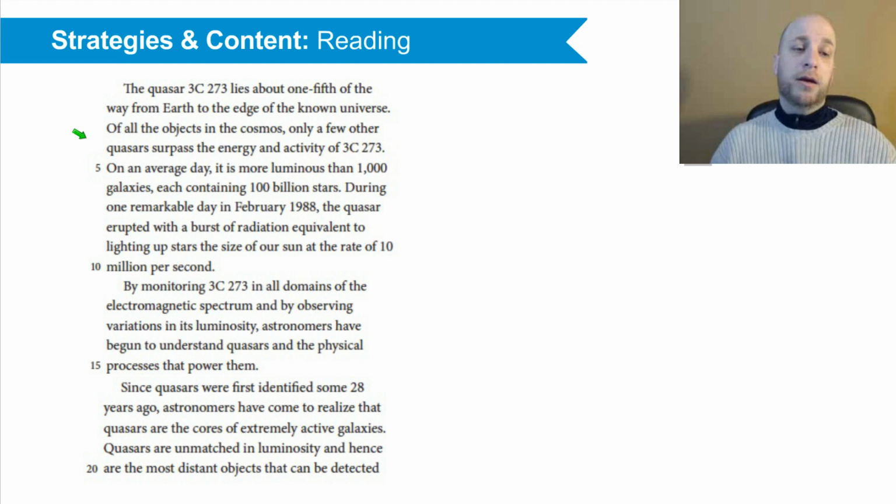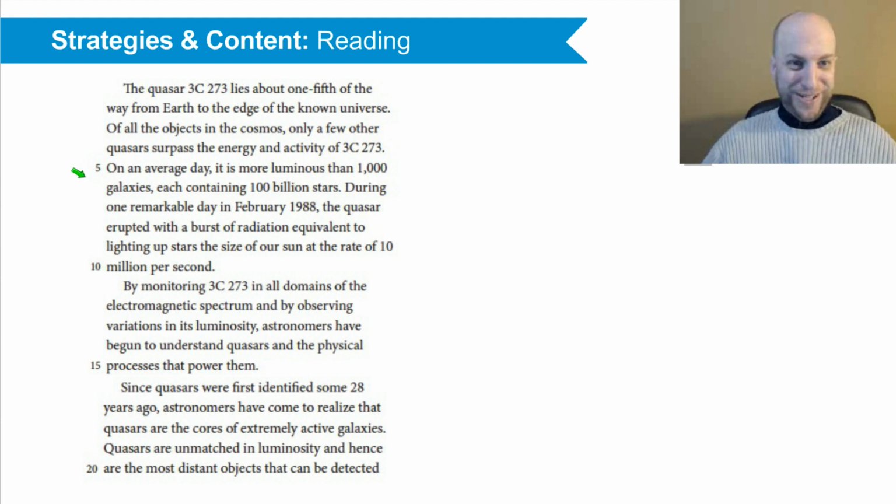Let's take a peek. Of all the objects in the cosmos, only a few other quasars surpass the energy and activity of 3C273. Oh, of all the objects? Okay, that's everything? Only a few surpass this. Oh my gosh. That's probably why it's pretty important. On an average day, it's more luminous than 1,000 galaxies, each containing 100. Okay, that's pretty luminous.